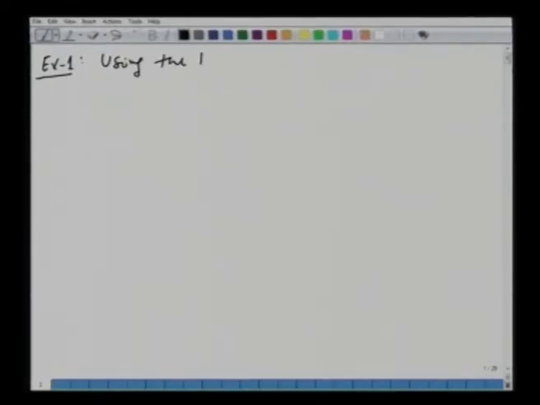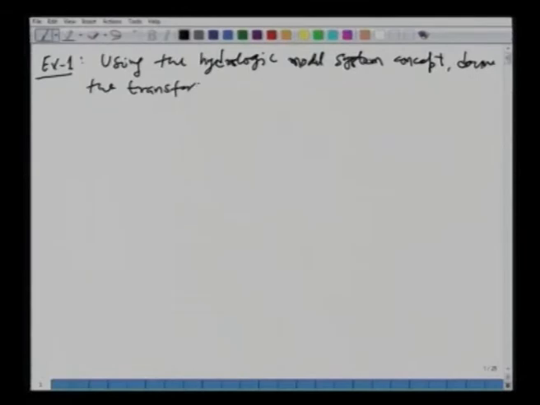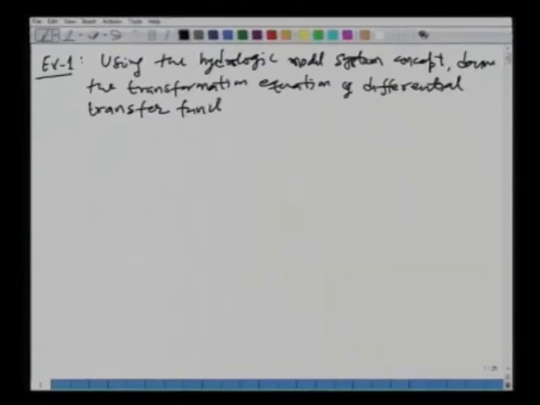Using the hydrologic model system concept, derive the transformation equation of differential transfer function, which is this omega we had defined, for a non-linear reservoir.